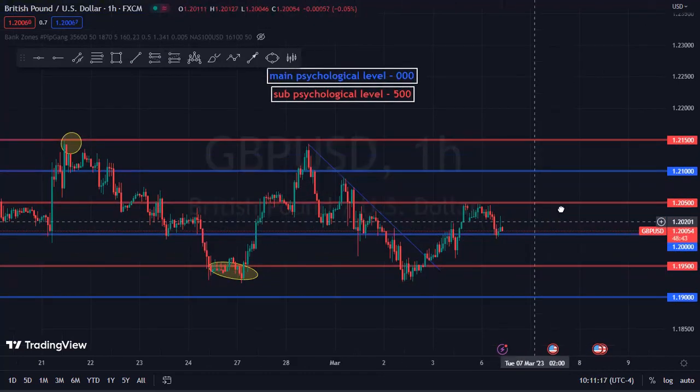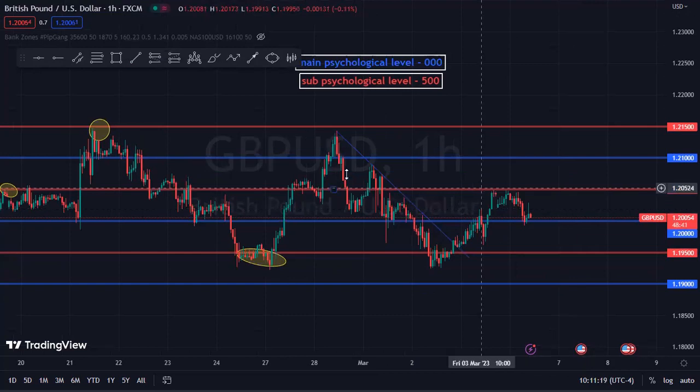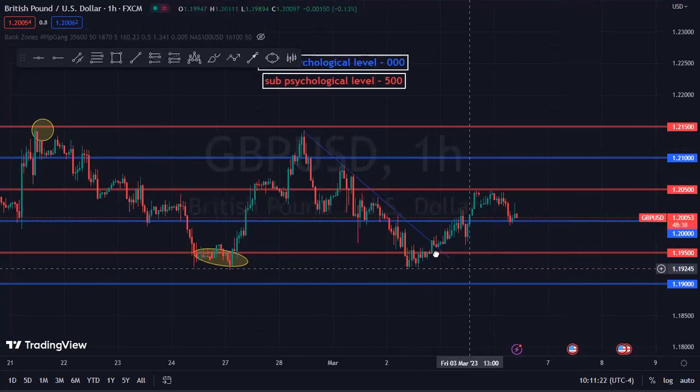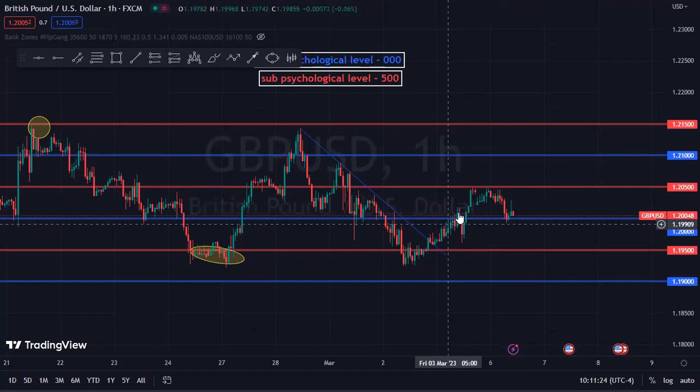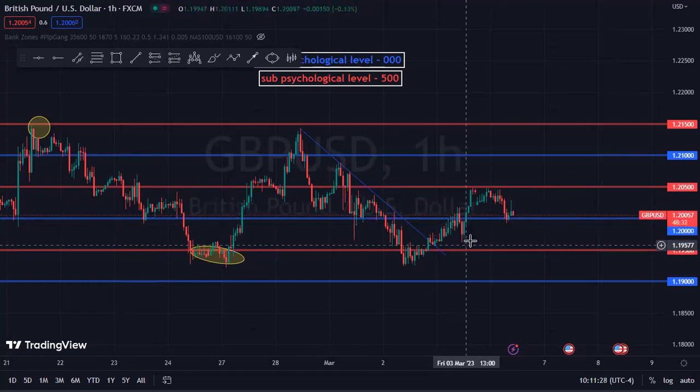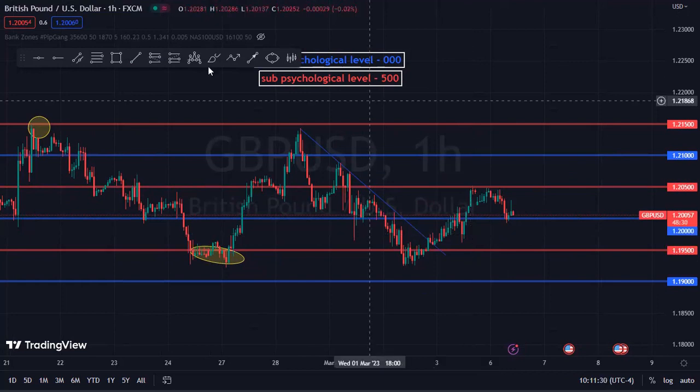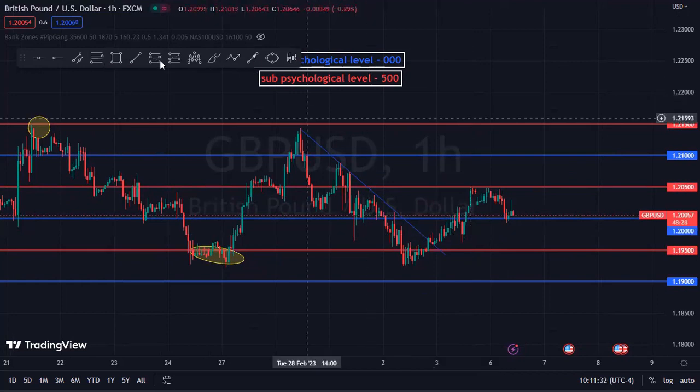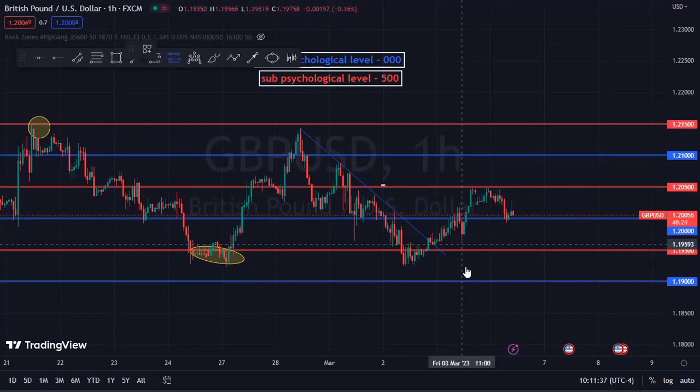As you can see here now, I just drew out my trend line, right? And then what happened? We broke the trend line, came to this psychological level, and then we shot. Then we came down for basically a retest. So as a trader, you can take this entry over here, take your buys at the retest.